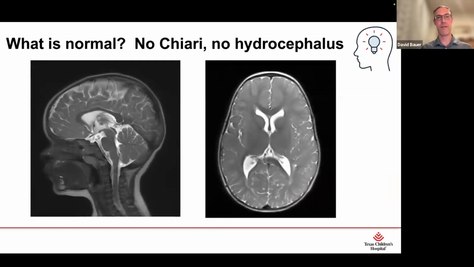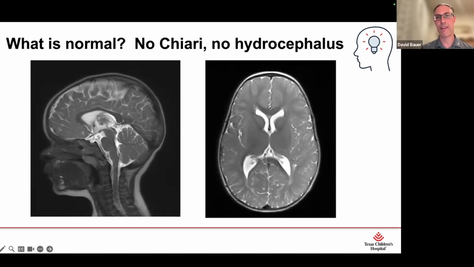This is an MRI on the left of a child with no Chiari, and you can see the MRI on the right, no hydrocephalus. So on the MRI on the left, you can see the cerebellum, which is the back part of the brain. It's not below the bottom of the skull, called the foramen magnum.